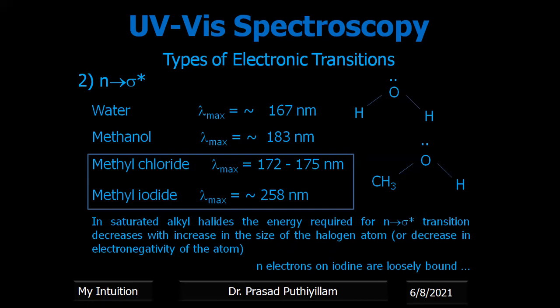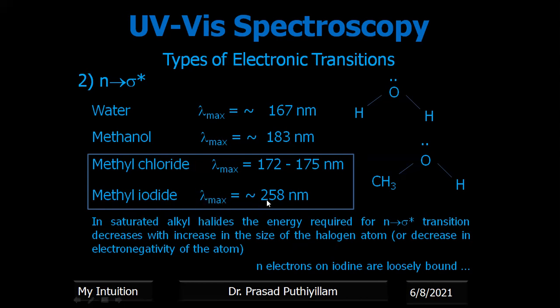Therefore, the lone pair of electrons are very loosely bound in the case of iodine, so it absorbs very high wavelength radiation. High wavelength means lower frequency, which means lower energy. If lambda is higher, the energy required is low.